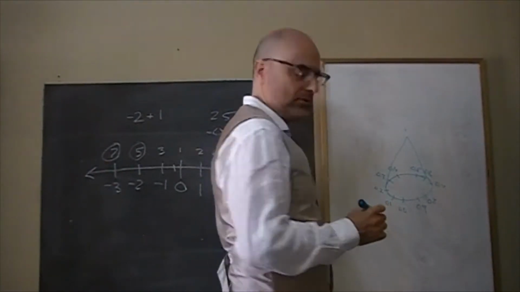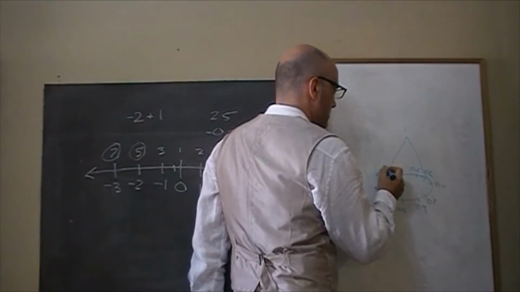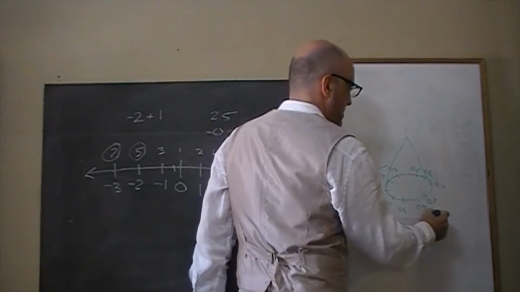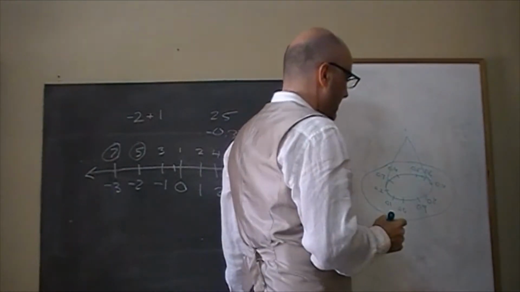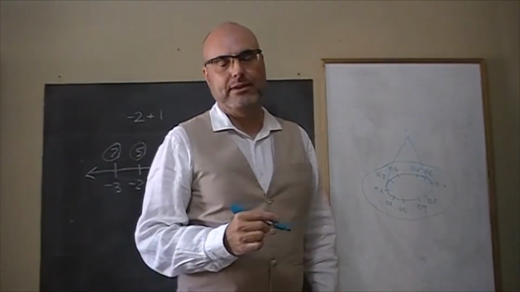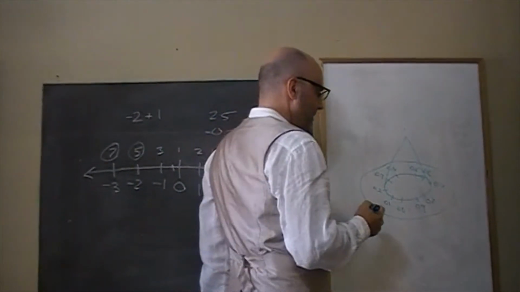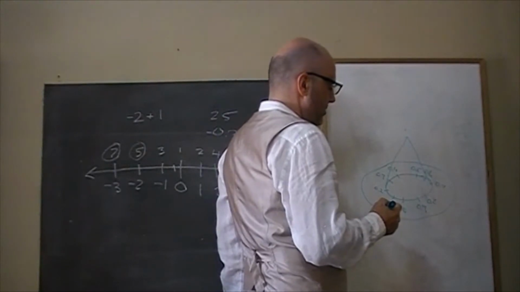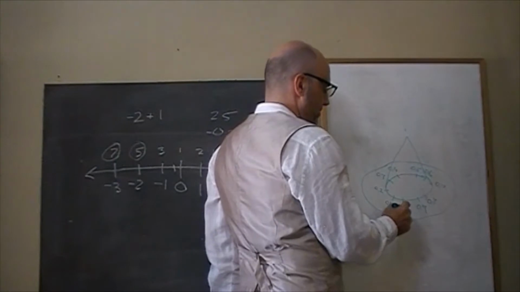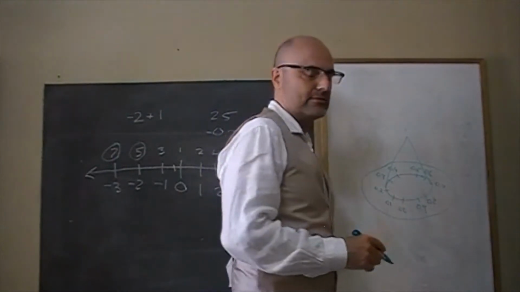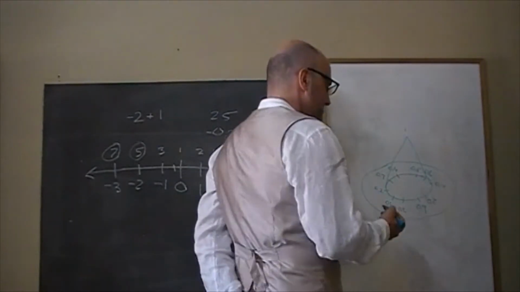Then I'm going to draw a larger cone. The base of this cone is going to represent 2 decimal places. So for every 1 decimal place, there are 10 possible numbers in the second decimal place.